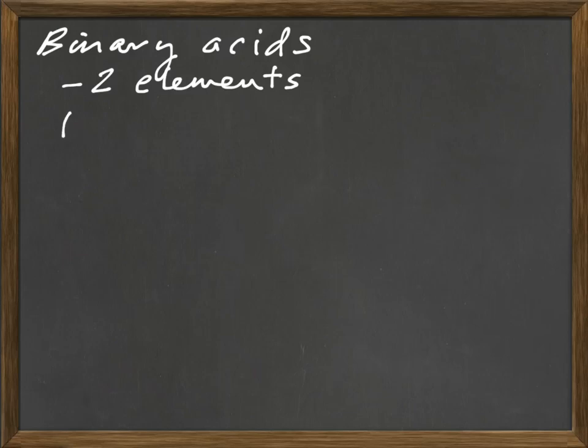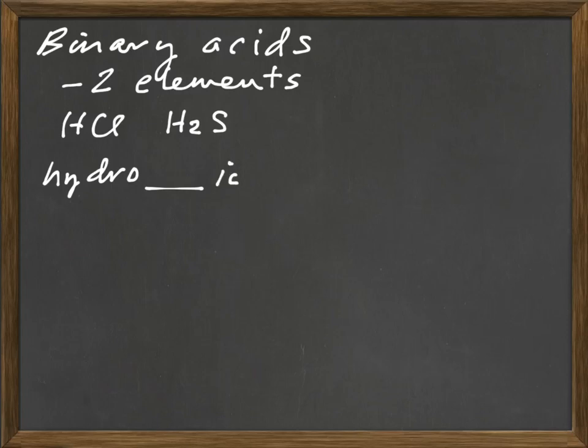So these are things like HCl and H2S. Hydrogen and one other element. And the formula for their name is hydro, and then the base of the nonmetal's name, ic acid.